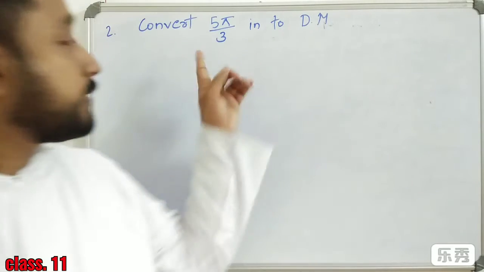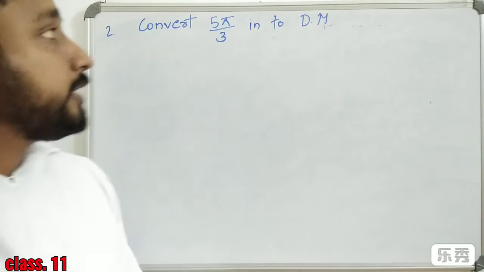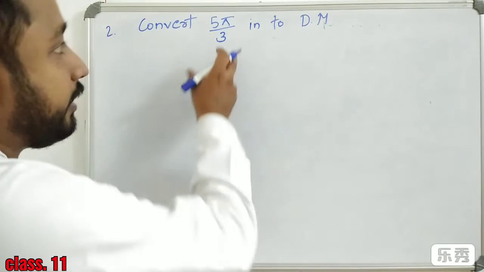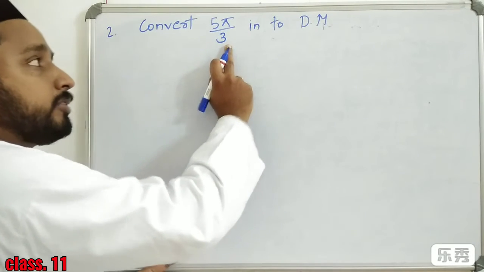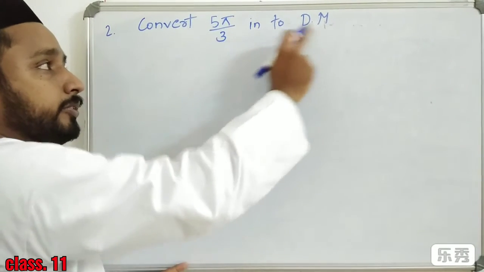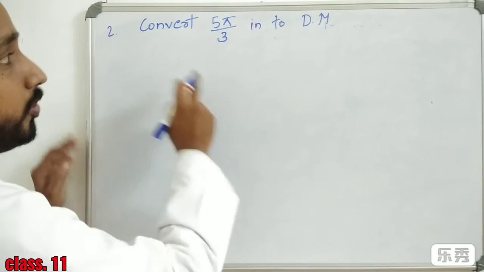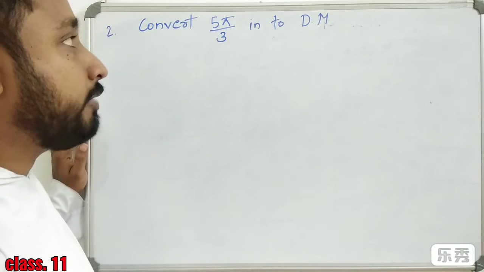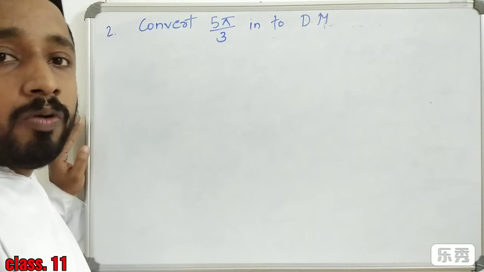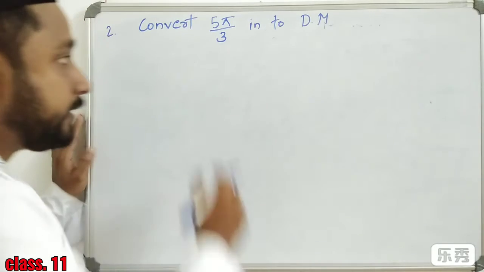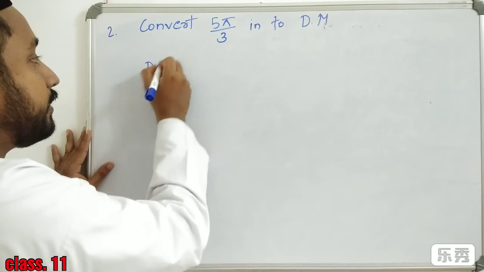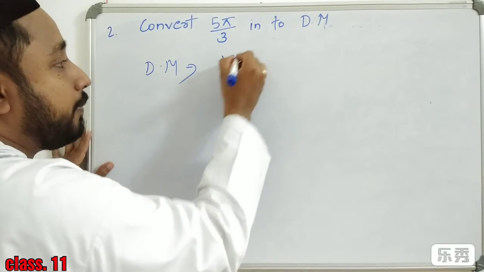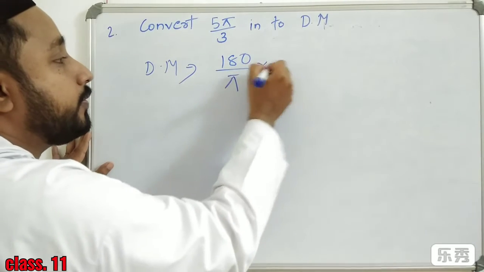Let us discuss another problem. Convert 5 pi by 3 into degree measure. So here we have radian measure, and we have to change this radian measure into degree measure. What is our formula? Degree measure is equal to 180 by pi into radian measure.